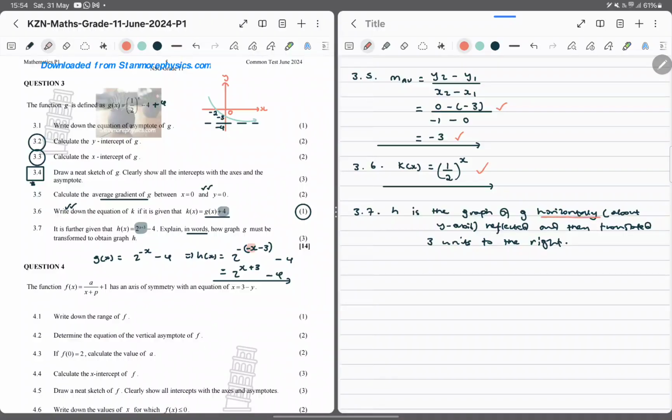Now horizontal reflection, or you can say reflection about the y-axis. Good. And then translated 3 units to the right. Great. That's for me a good idea.